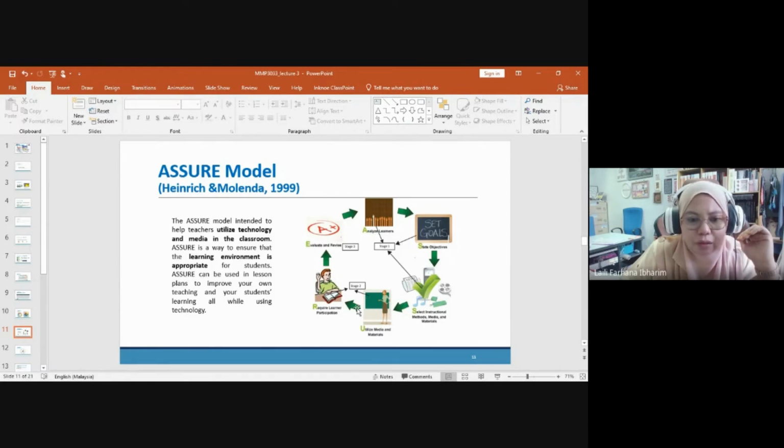ASSURE is a way to ensure that the learning environment is appropriate for students. ASSURE can be used in lesson plans to improve your own teaching and your students' learning, all while using technology. So when it comes to technology, we usually use the ASSURE model.